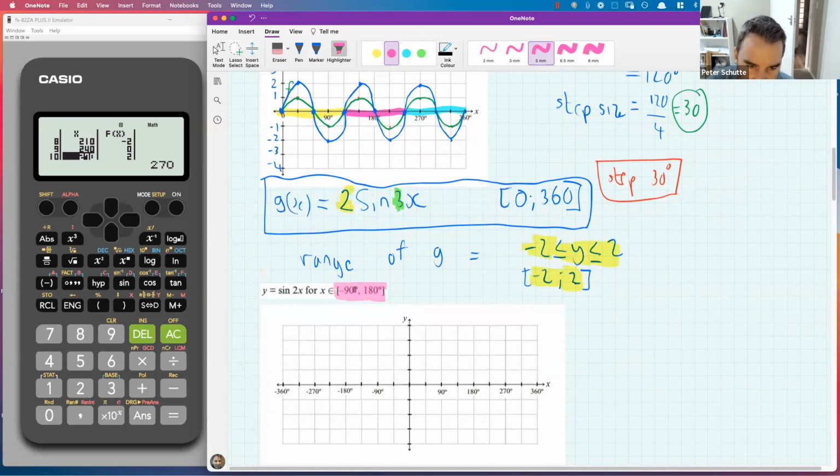I want to let you fly solo and see if you can work it out. I will give you one hint: you only have to go from here to here. See if you can do the working out to draw that graph, and then we're going to take a break. Go for it, guys. The calculator is a very good friend in this area if you know how to use it properly.